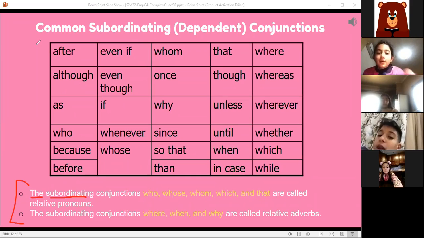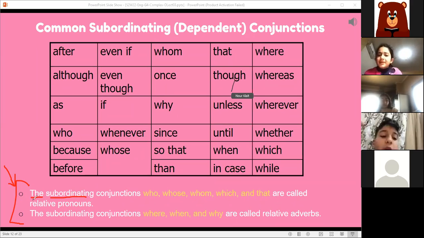This one is most of the subordinating conjunctions, but we're going to focus on these ones down here, okay? The subordinating conjunctions whose, whom, which, and that are called relative pronouns.